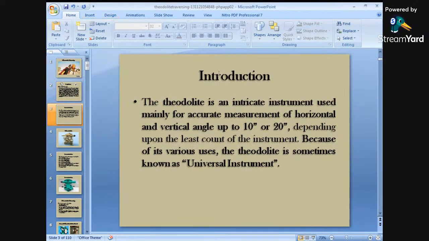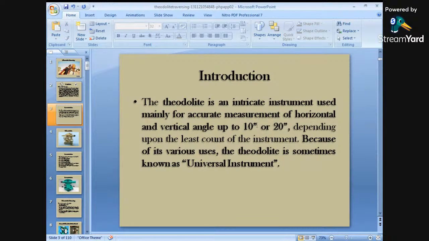Initially we will start with the introduction of theodolite. Basically, a theodolite is an instrument which is generally used to measure horizontal and vertical angles, and you can measure an angle up to 10 seconds or 20 seconds, depending upon the least count of your theodolite. Previously we were using a compass and we were able to measure only 30 minutes angle.